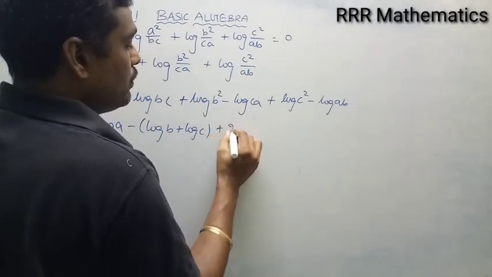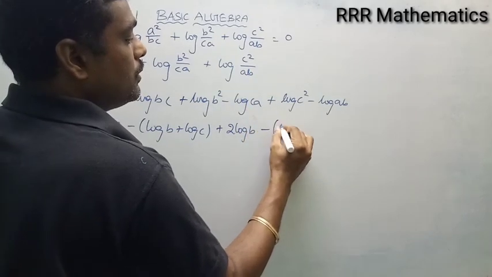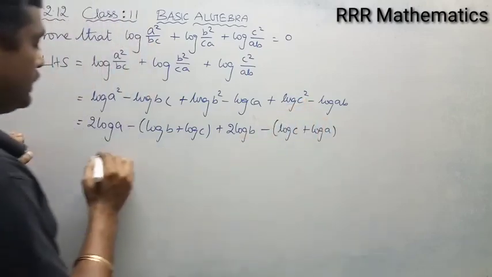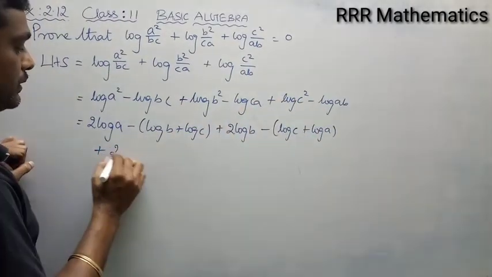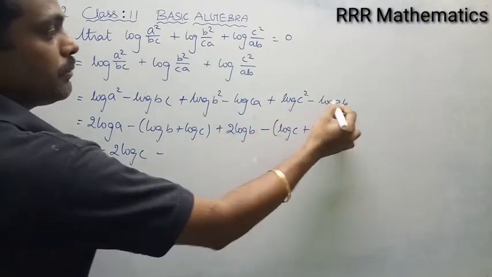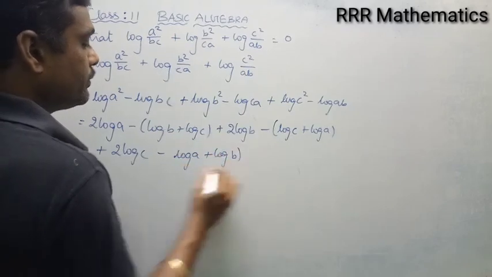Here using the power rule, 2 log b. Here using the product rule, log c plus log a. And here the power rule, 2 log c. Here the product rule, log a plus log b.